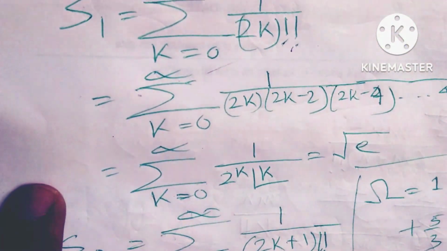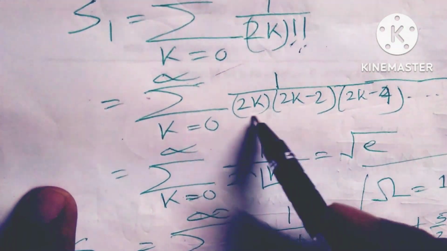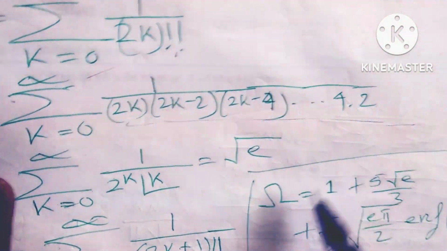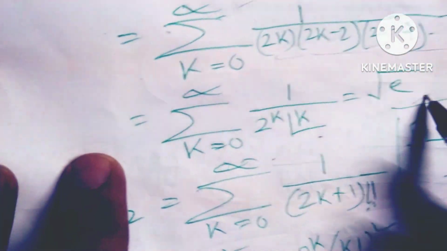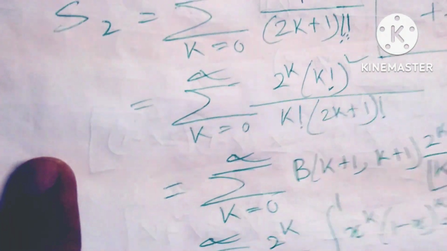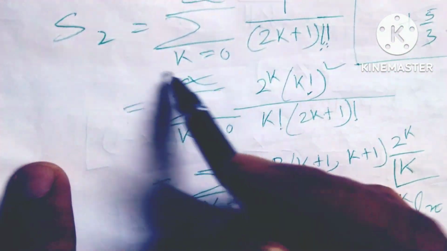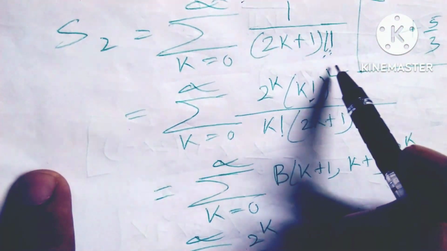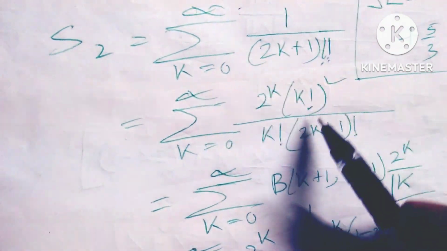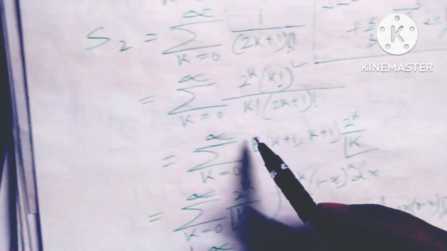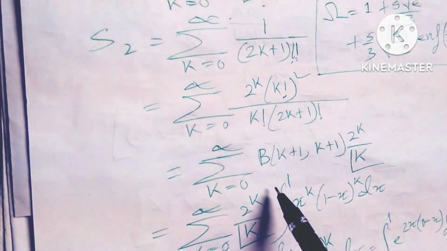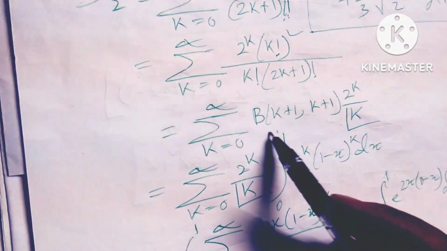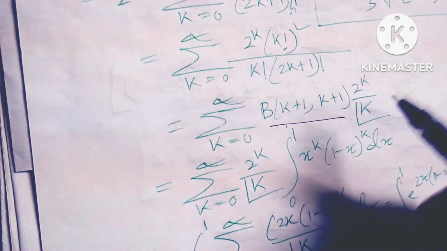So now I write the summation k equals 0 to infinity of (2k) double factorial, which is 2k into (2k minus 2) into (2k minus 4) up to 4 into 2, so it can be written as 2 to the power k times k factorial, and S2 is the summation k equals 0 to infinity of 1 by (2k plus 1) double factorial. After that, this is the beta function. This function is called the beta function.